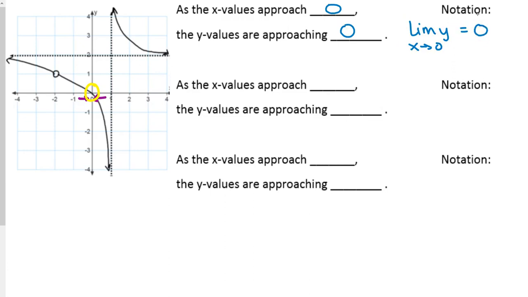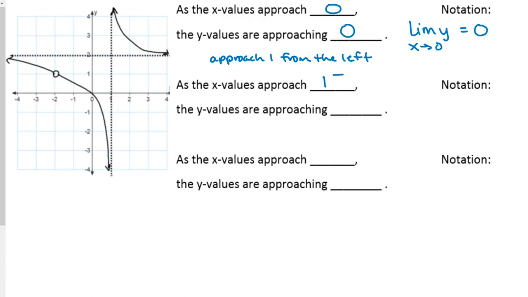Now I'm going to show you what we call a one-sided limit. So as the x values approach 1 from the left, notice I didn't write negative 1, I wrote 1 from the left. From the left is the little minus sign after it. So I'll write that up here, approach 1 from the left. What are the y values approaching?